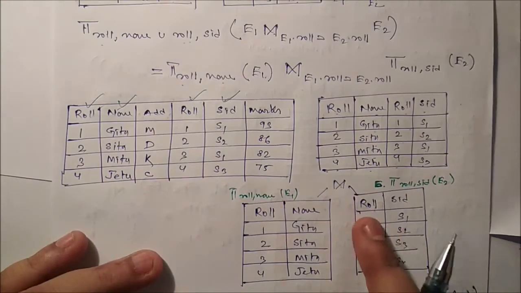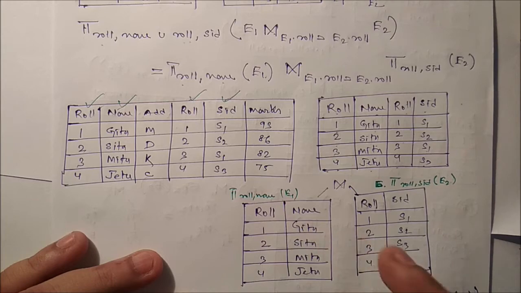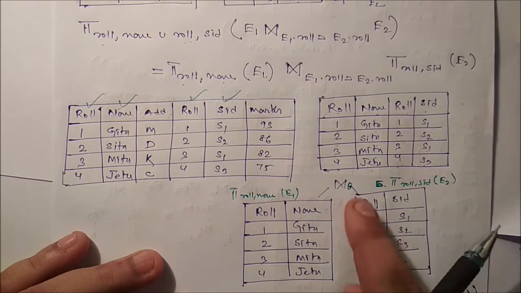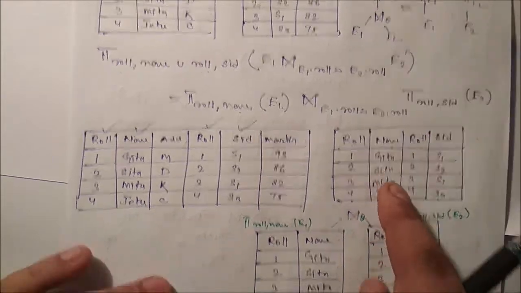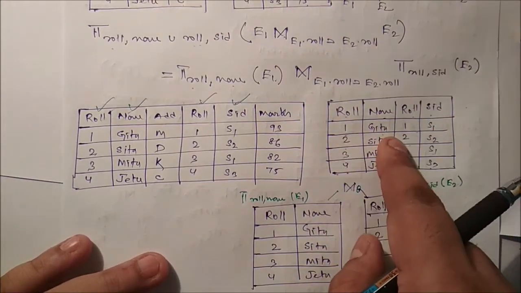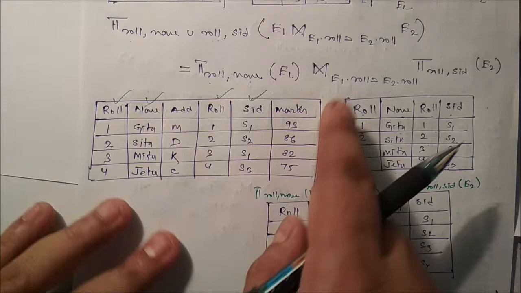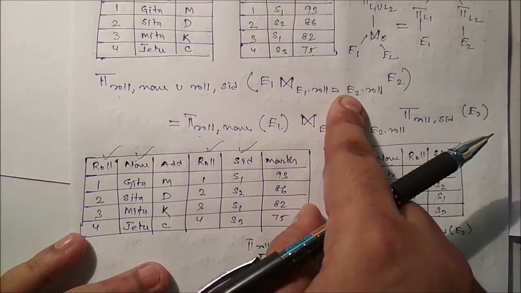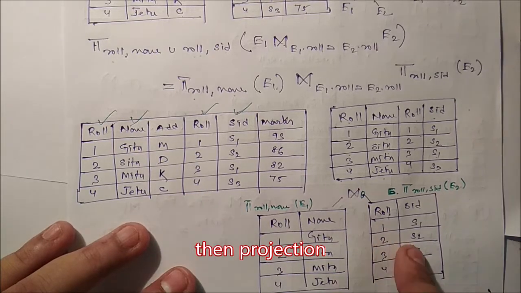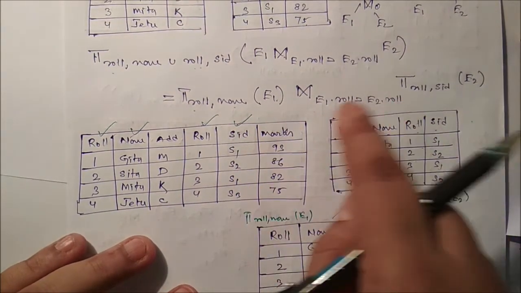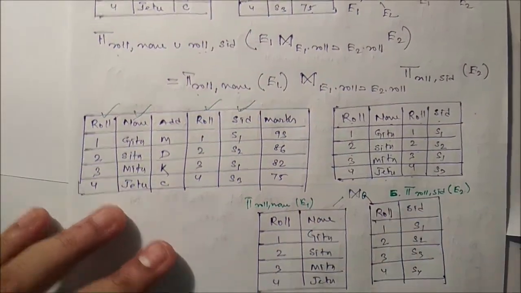So here you just extract roll number and subject ID, and after that we apply the equijoin, theta join. If you merge these two, we get this particular result. So in both cases the result is the same, but you can see that if you apply the join first and then the selection condition, the intermediate table size is very high with respect to this one. Are you getting this one? So definitely we have to use the right part in this case also.